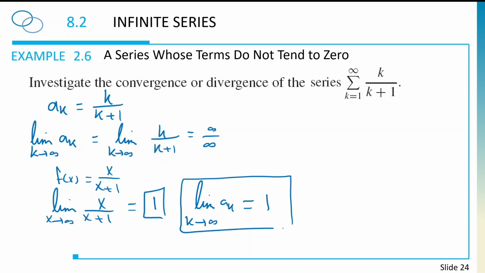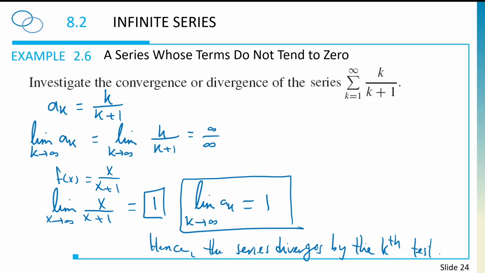equals 1 as K approaches infinity. If the limit of aK equals 1, which does not equal 0, we can say that hence the series diverges by the kth test. From now on, any test you use, you have to write it down, so you need to justify your answer.